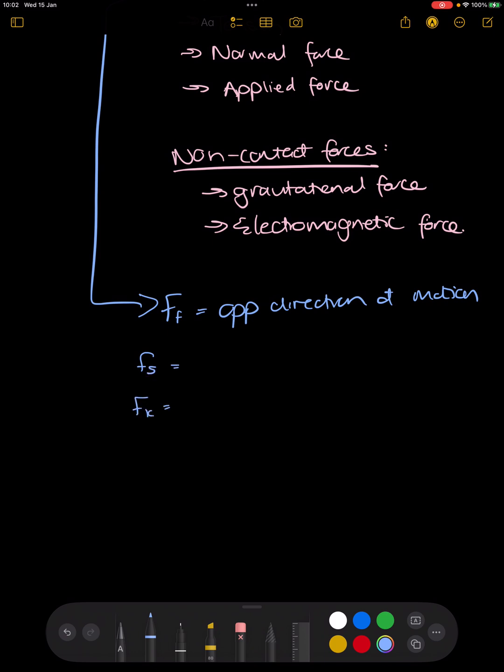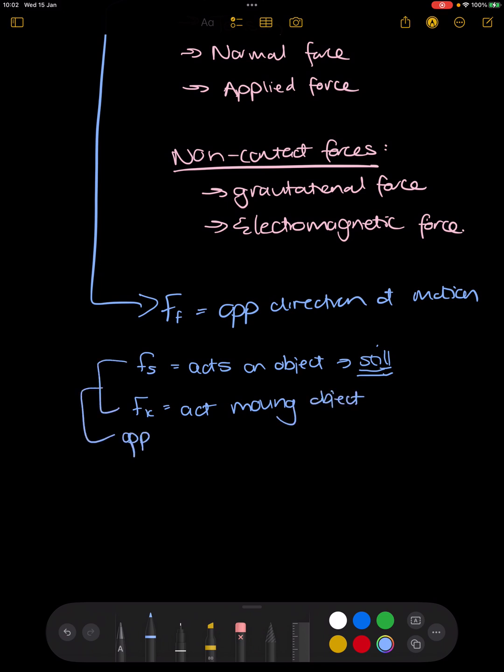Static friction is the friction that acts on the object when it is still, when it's stationary. Very often the object has to overcome the force of static friction, so my applied force needs to be bigger than my static friction in order for the object to move. Kinetic friction is the friction that acts on a moving object. Both of them are still in the opposite direction.